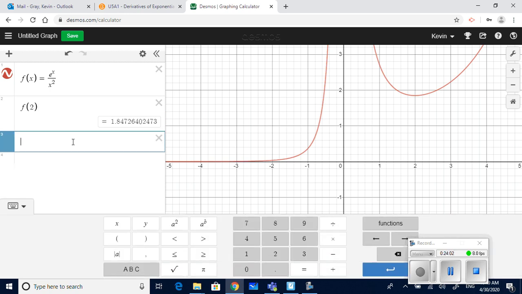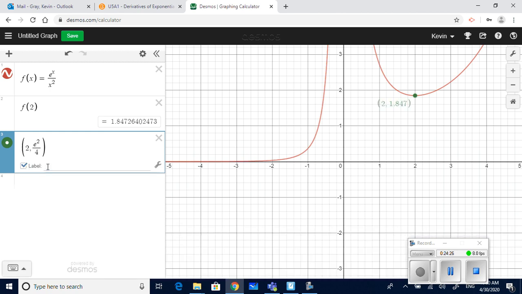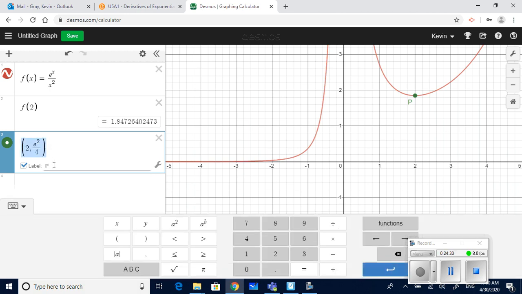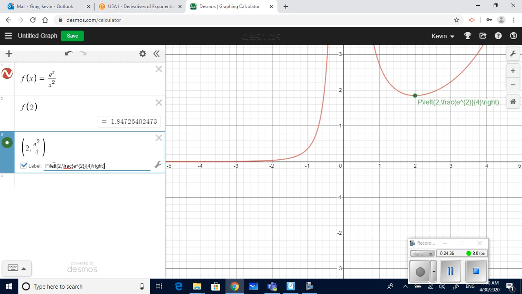I'm also going to plot the point 2, and what did we say? e squared over 4. I don't think I can label that. I'm going to call it P. Oh, it doesn't like that.